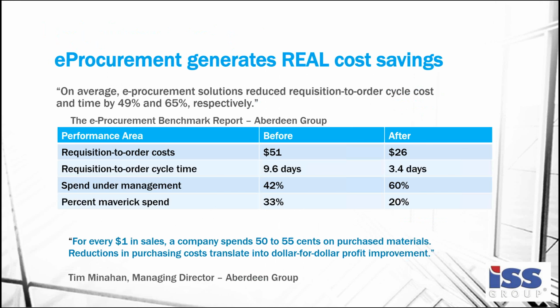If you generate 10,000 purchase requisitions a year, which is a kind of medium-sized company, so 10,000 times $25, that's quite a bit of money to put in your pocket, and that's just the administrative cost. Okay, next slide.